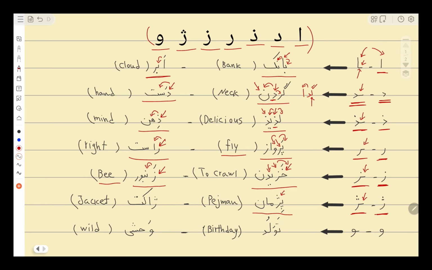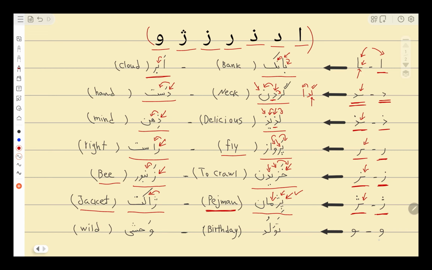The letter je is connected to the letter pe, but not to the letter me, because the letter me comes after it. Here we have the word jacket, which means jacket, and the letter je is the beginning of the word, and it is not connected to the letter alif because it came after the letter je. And pejman is just a name for men.